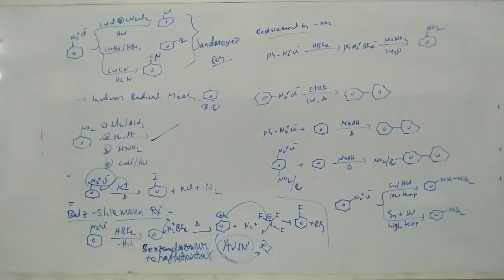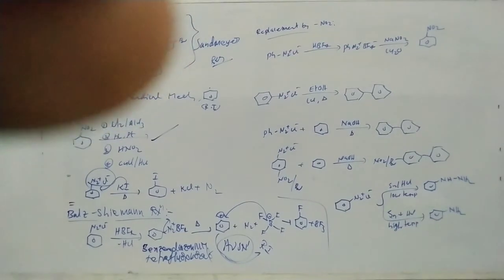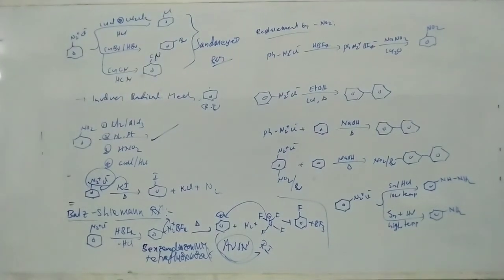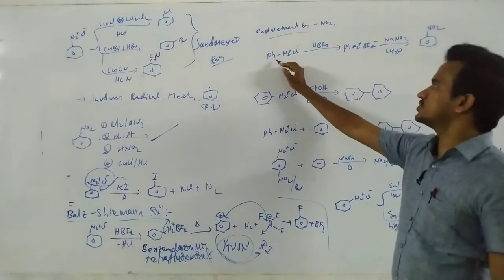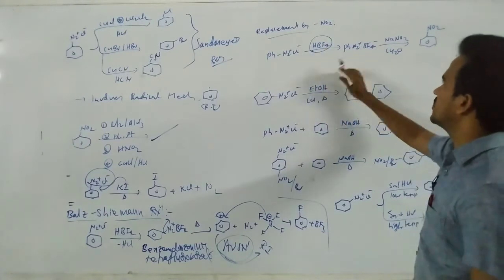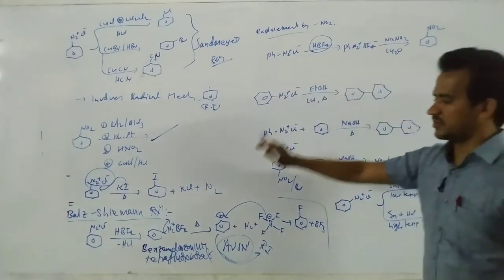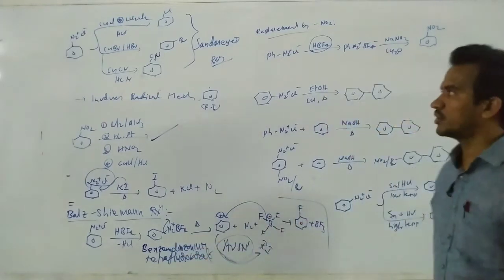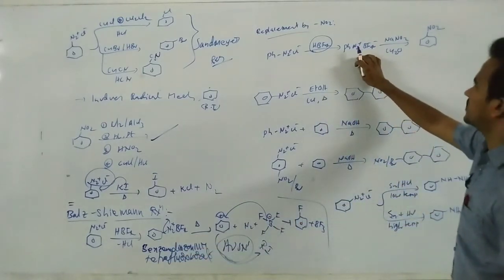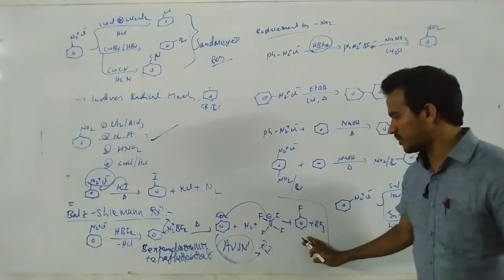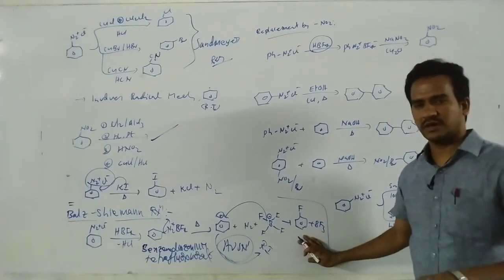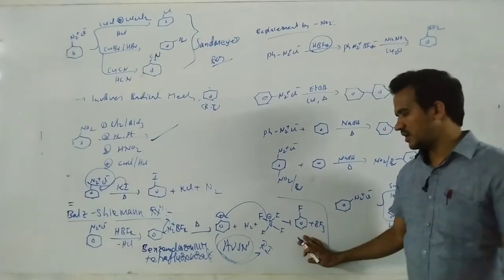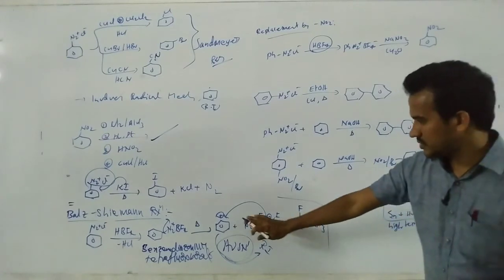Replacement by the NO2 group. This benzene diazonium salt on treating with HBF4, what is the product actually? This one, benzene diazonium tetrafluoroborate. Now, this one on heating, we get fluorobenzene. Okay, just remember this one. Just a very slight variation.